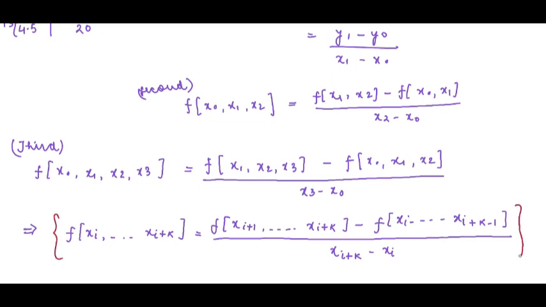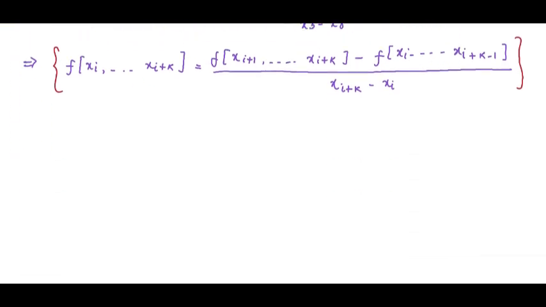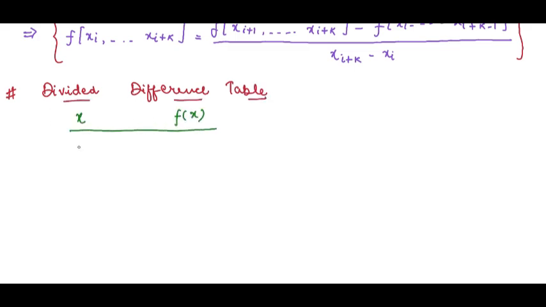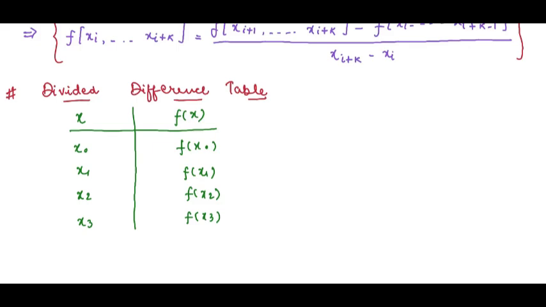Now let's understand how the table is constructed here. Suppose we have x and f(x) values in tabular form, where x is x0, x1, x2 and x3, and the function values are f(x0), f(x1), f(x2) and f(x3).